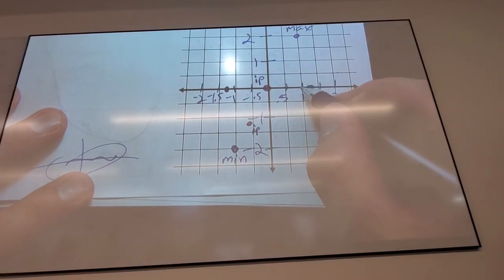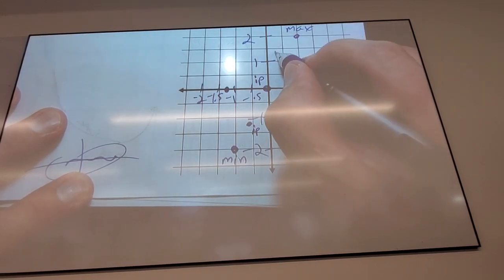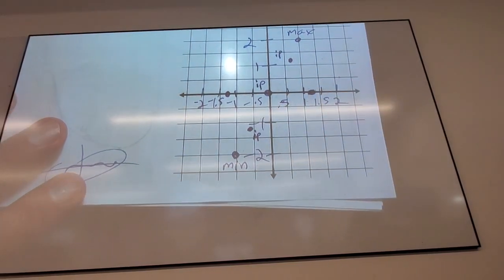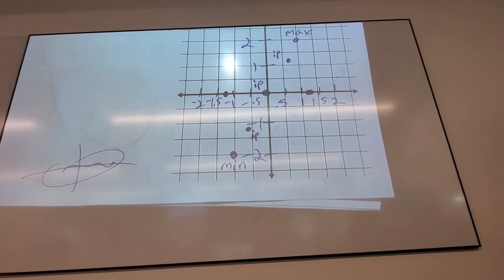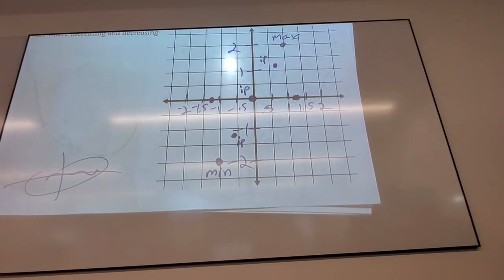And then 0.7, positive 1.2 is an inflection point. Oh yeah, I remember this graph. That graph gets crazy. Okay. So did I miss anything? Let's see. I've got all my inflection points, all my maxes and mins, I got all my everything. Okay, good.